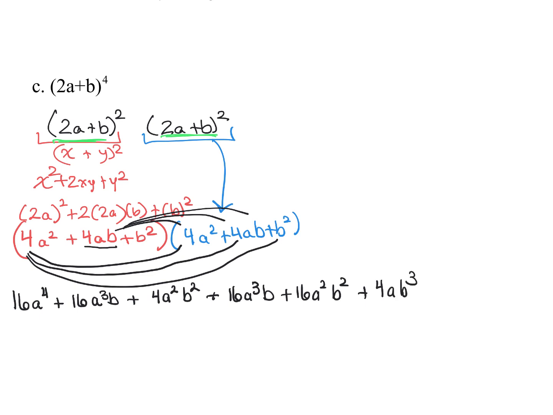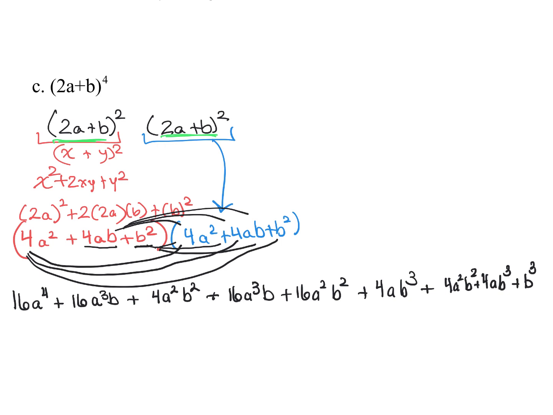Then one last time, you take the last term and send it to everyone. I know it's so long. 4a squared b squared plus 4ab cubed plus a b to the 3rd. And now we're just going to clean it up.